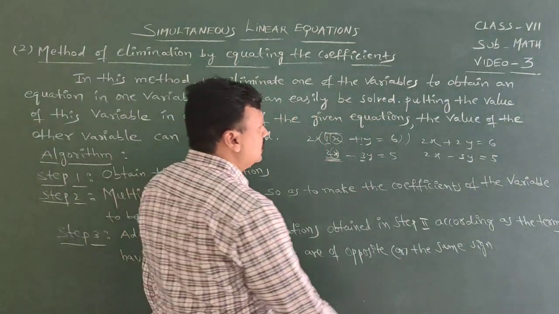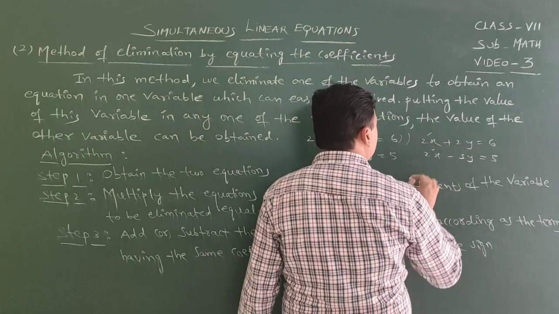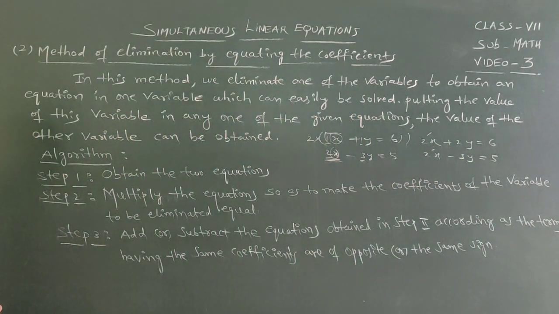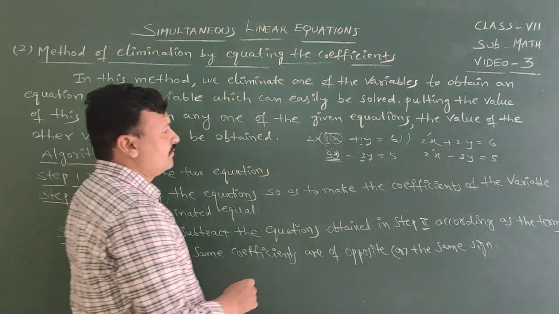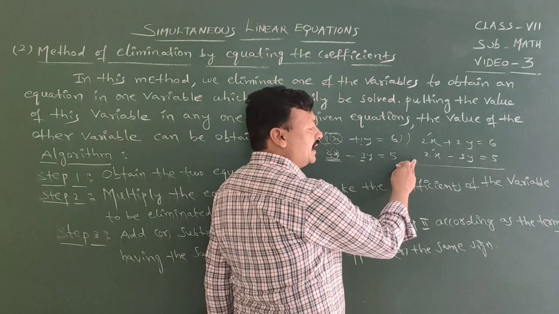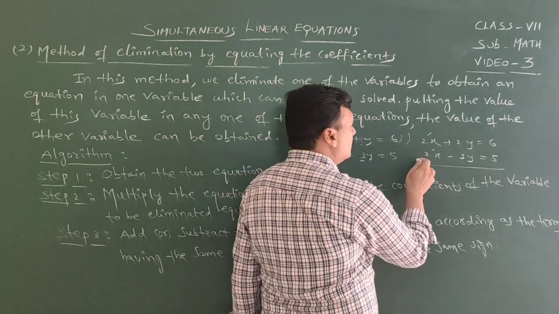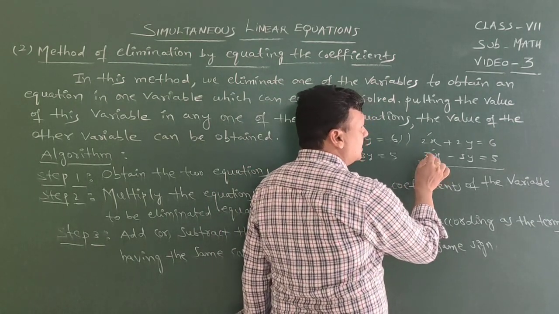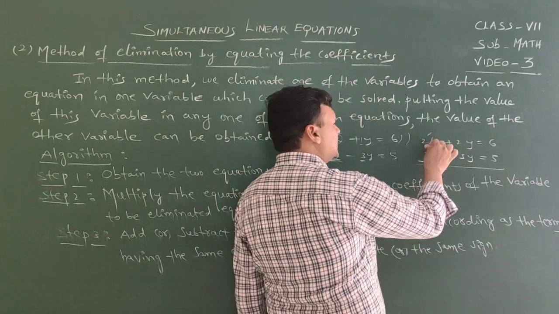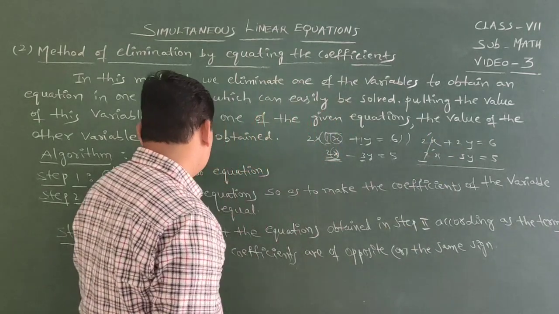Now we have the equal coefficients. For elimination of x, if they have the same sign, then we subtract, so plus 2x minus 2x cancels. At that situation they will be cancelled.